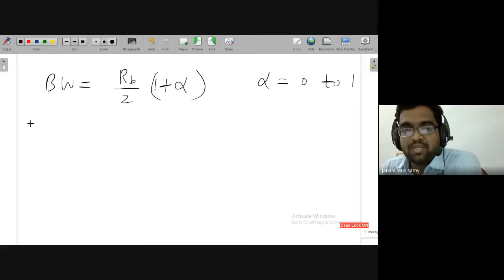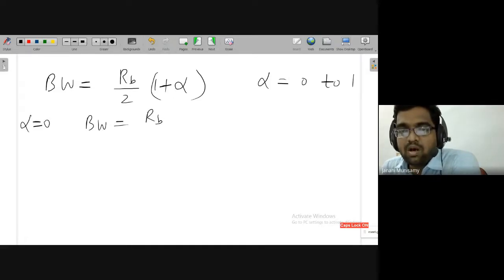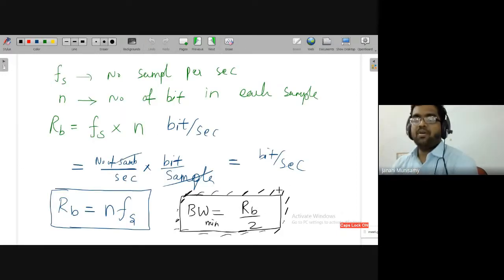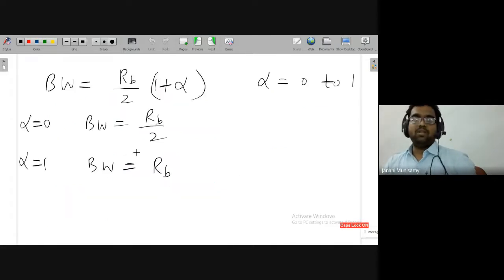When alpha is 0, the bandwidth is RB by 2. When alpha is 1, the bandwidth is RB. So that's why I mentioned minimum bandwidth; this is possible only when alpha is equal to 0. If alpha increases, bandwidth also increases. So at least please note down this formula.